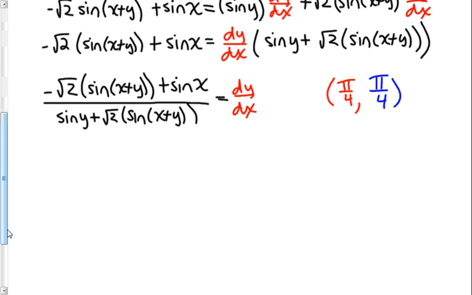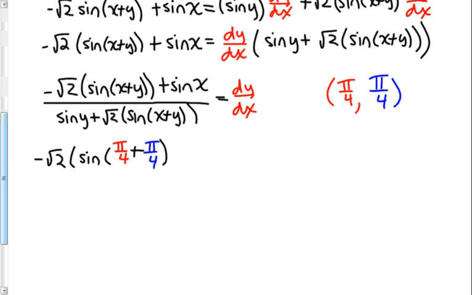And I'm going to use different colors just so you can see that I'm actually plugging in two different numbers. Just so happens I'm using the same values here. So I have negative square root of 2 times the sine of pi over 4, and I'm going to add that to pi over 4, x plus y.